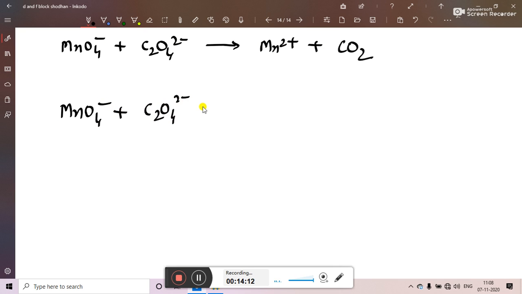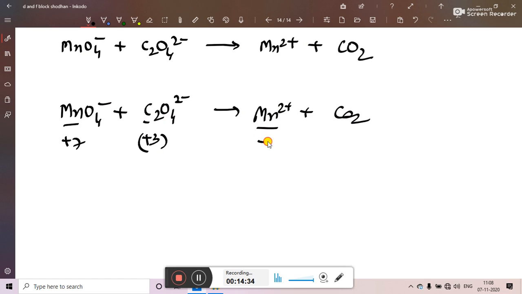So here we will see that in rough page you have to balance the equation, and thereafter you have to write in the exam on the main page. So in permanganate ion, Mn is plus 7. In case of oxalate, the oxidation number of carbon is plus 3. In case of Mn2 plus, Mn is plus 2, and in carbon dioxide, carbon is plus 4.